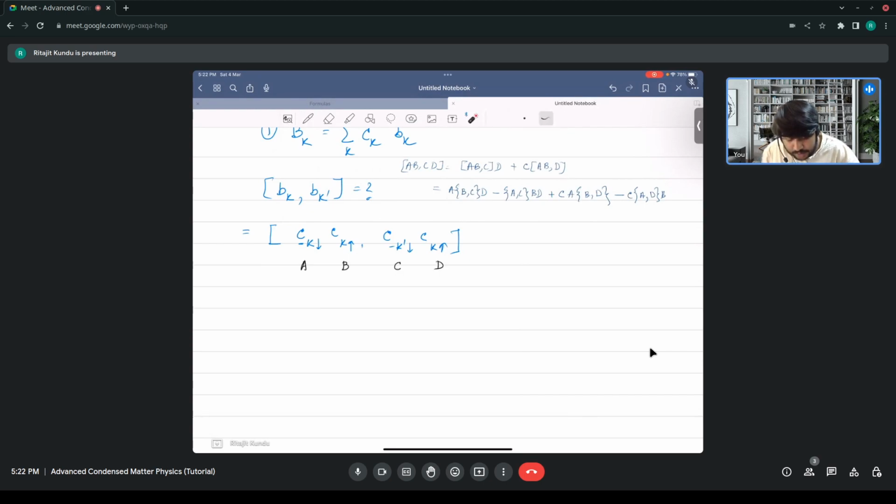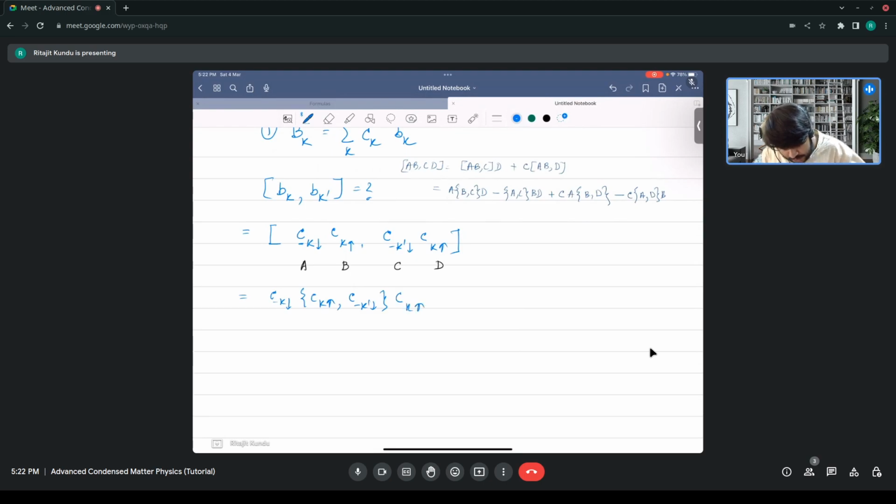Then I will get anti-commutation relations like this. Let me write all of these terms. This is c_{-k} down with c_{-k'} down, and c_k up with c_{k'} up.